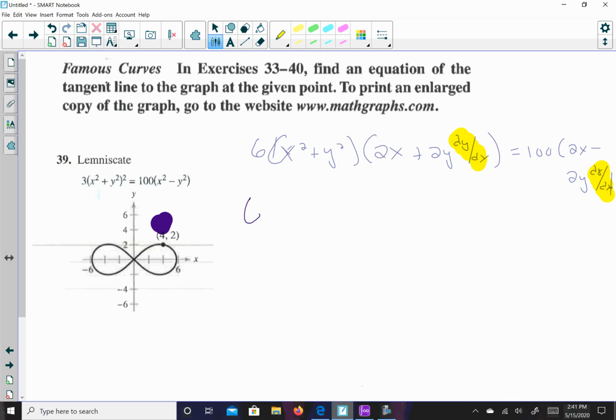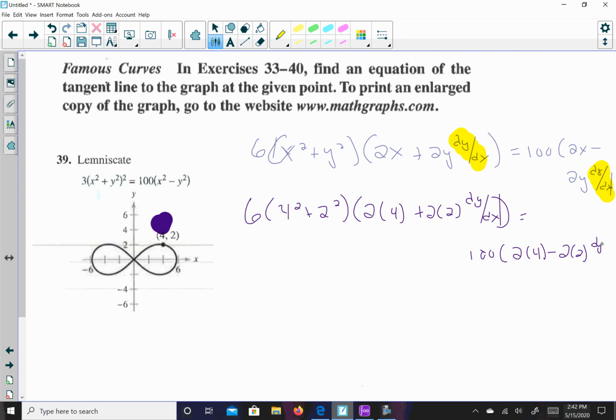So I'm going to have 6 times, my x is 4, 4 squared plus y 2 squared times 2 times 4 plus 2 times 2 dy/dx, and that's equal to 100, and then 2x is 4 minus 2y is 2 dy/dx.